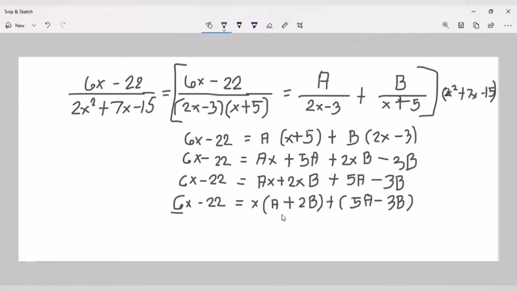Then equate the left side of the equation to the right side. The coefficient of x, which is 6, is equated to the coefficient of x on the right side, which is A plus 2B. So that gives us A plus 2B equals 6. Then the constant on the left side and the constant on the right side are also equated, so that gives us 5A minus 3B equals negative 22.